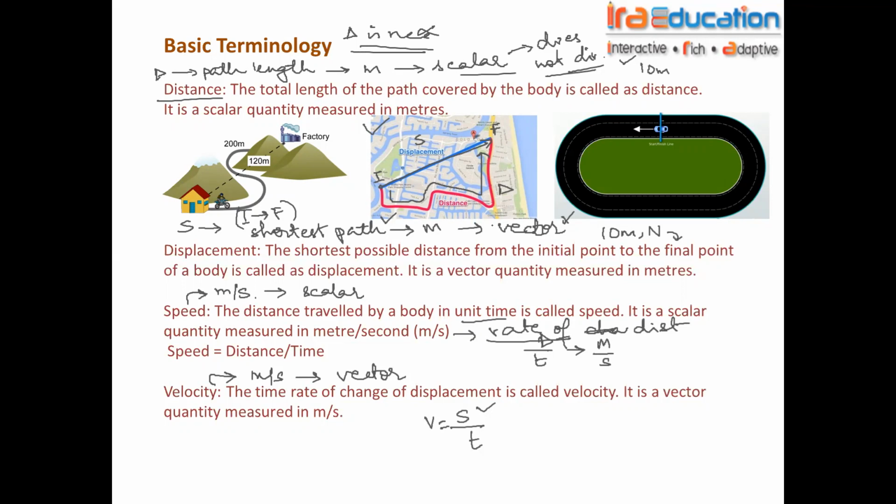So scalar quantities can never take negative values. Make sure you know the formula. What is speed? Speed is represented with small s, velocity with small v, displacement capital S, and that's capital D. This is terminology before going into the chapter actually.